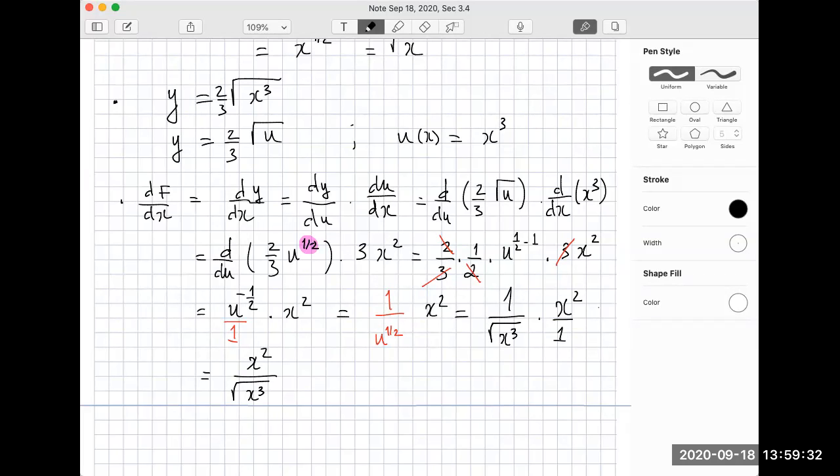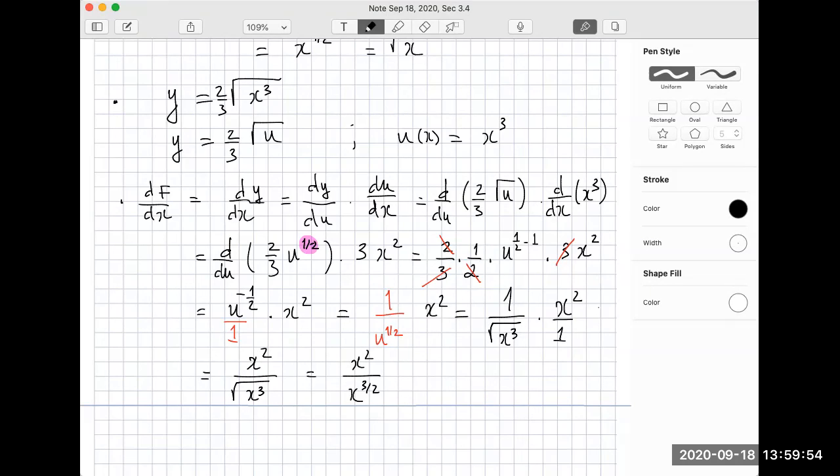We can turn the square root of x cubed into x to the 3 over 2. Yes, very good. It is even faster. Okay, if we write it this way, x to the 3 over 2, right? It's faster.